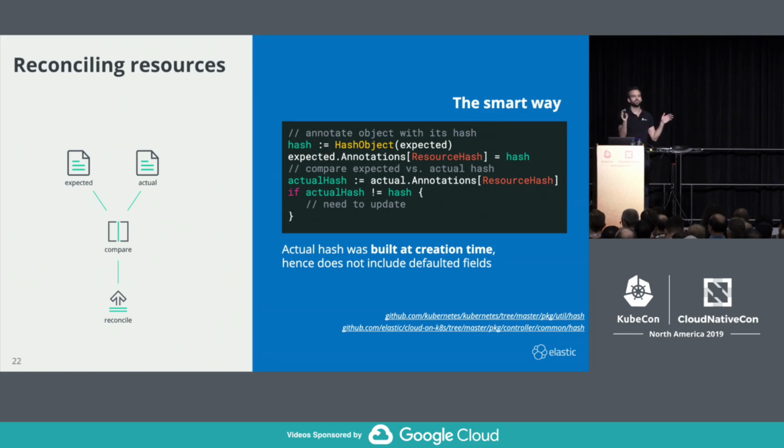So that later on, say in a subsequent reconciliation, when we want to know whether we need to update that resource, we just build a hash of the expected resource we want, and we compare that with the hash of the actual resource. If they match, then we don't have to do the update. If they don't, we need to update. The real smart thing here is that the actual hash is built at creation time.